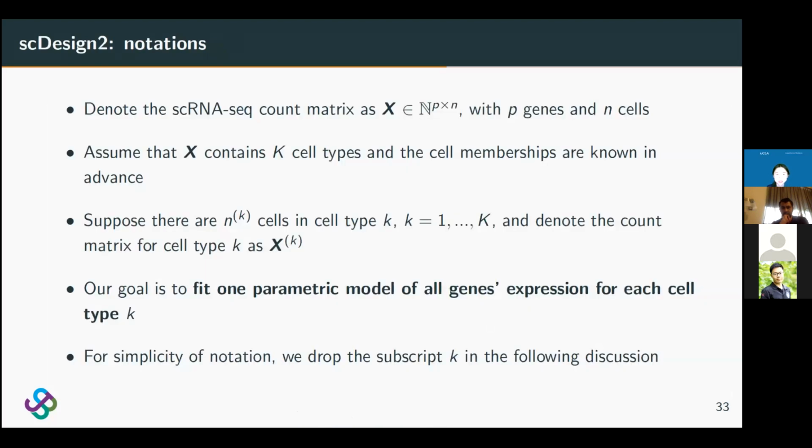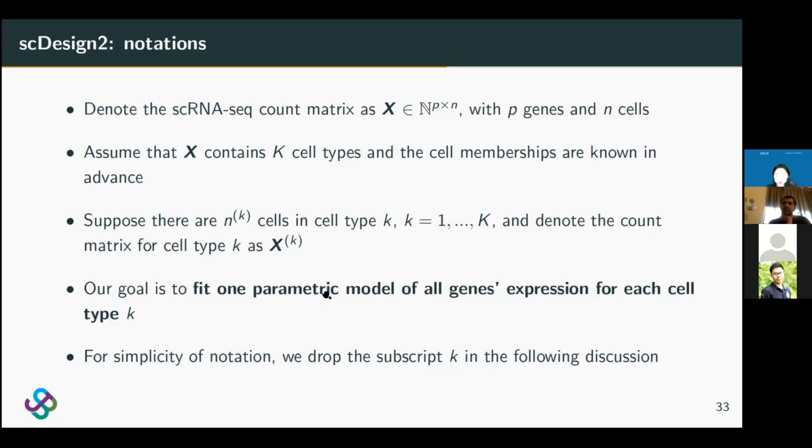Okay, so now notations. For this set of slides, we use the count matrix. We call the count matrix X, with the p genes as the rows and cells as the columns. We assume that it contains cell types, and the cell membership, which cell is in which type, is already known in advance. For each cell type K, we have the number of cells as n_K, and the corresponding sub-count matrix as X_K.